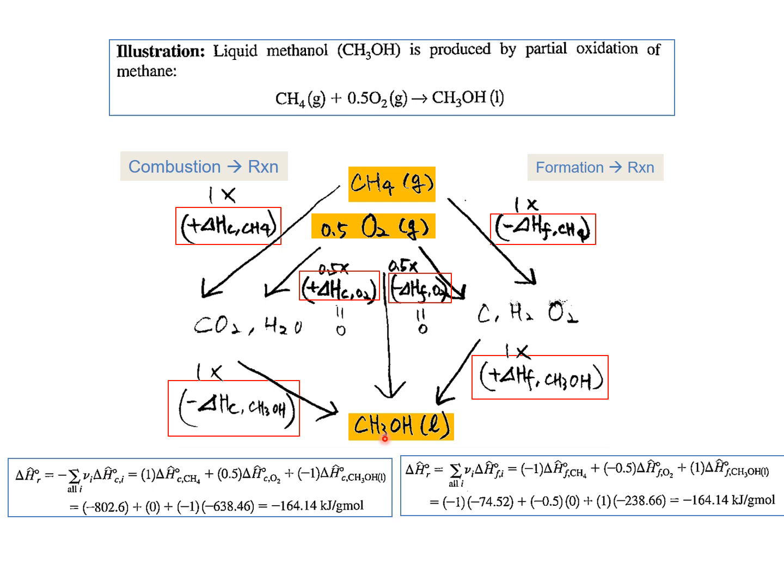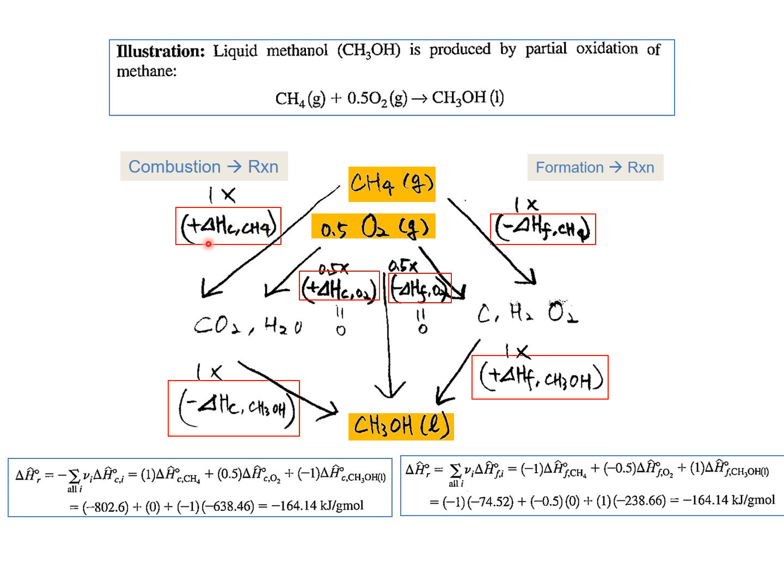But we don't have this shortcut pathway, so I'd like to use two different detours to reach the final product from the initial reactant. This is the combustion pathway, and methane is combusted into CO2 and H2O as an intermediate. For this process, you could assign the delta H of combustion of CH4 in gas with the stoichiometric coefficient 1.